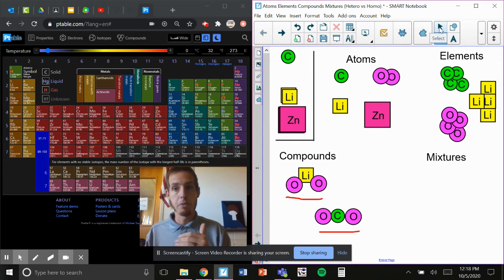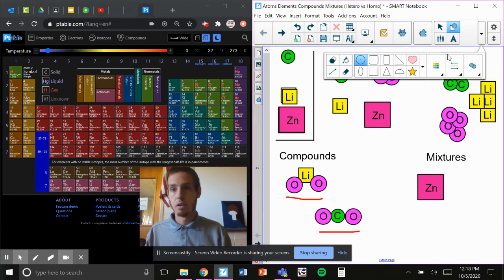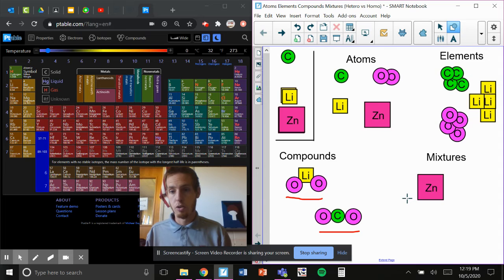However, with mixtures, you're going to get a different amount of things, kind of like a salad. So we could even make a separate one. We make a little circle, and we might have something like sulfur. So zinc sulfide is a thing. But the zinc sulfide might be mixed with other things.